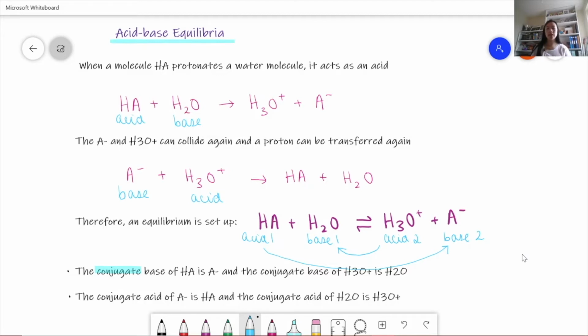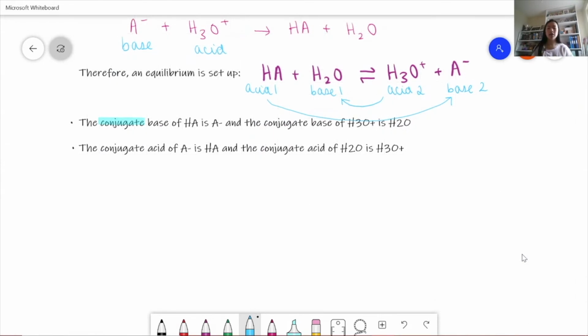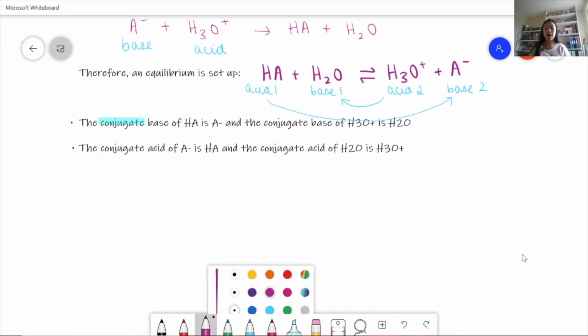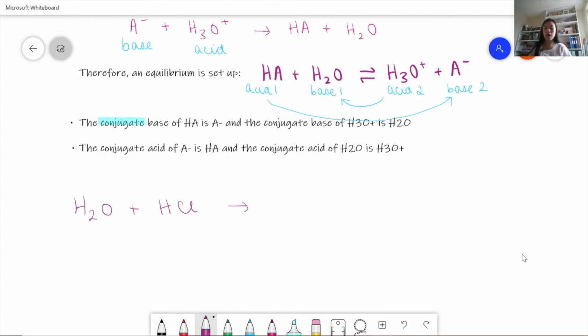Water is actually quite an interesting example because it can act as an acid or a base. So for example, if we had water and HCl, that would form this H3O plus ion and Cl minus. Now this H3O plus ion is actually called the hydroxonium ion, and it's equivalent to a H plus.